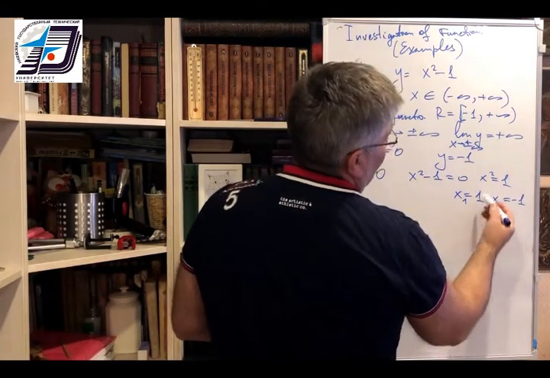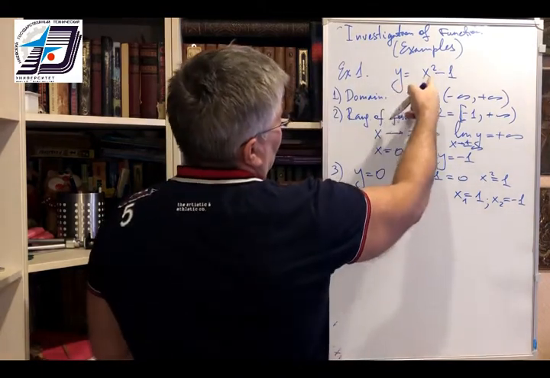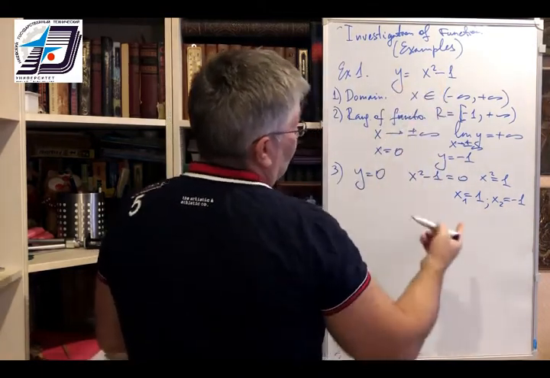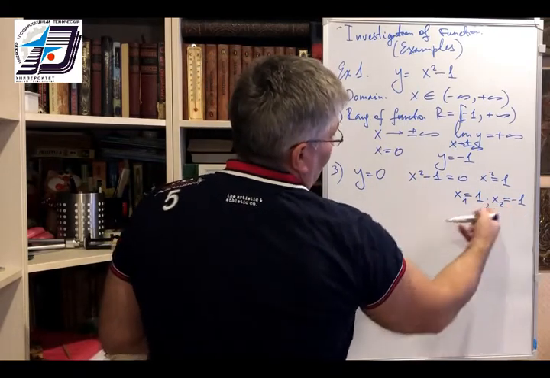Here we have two roots of this equation. It means that the function x squared minus 1 intersects axis x at two points, minus 1 and 1.